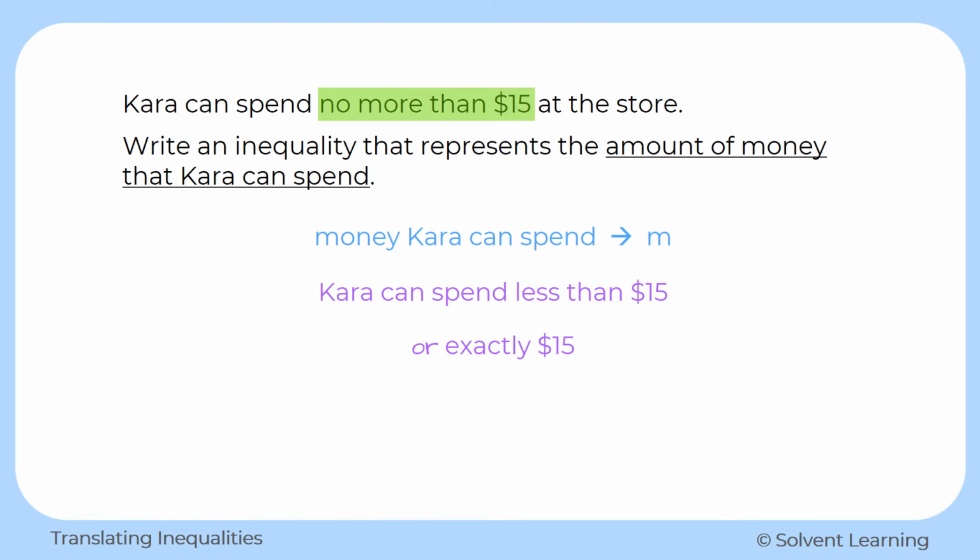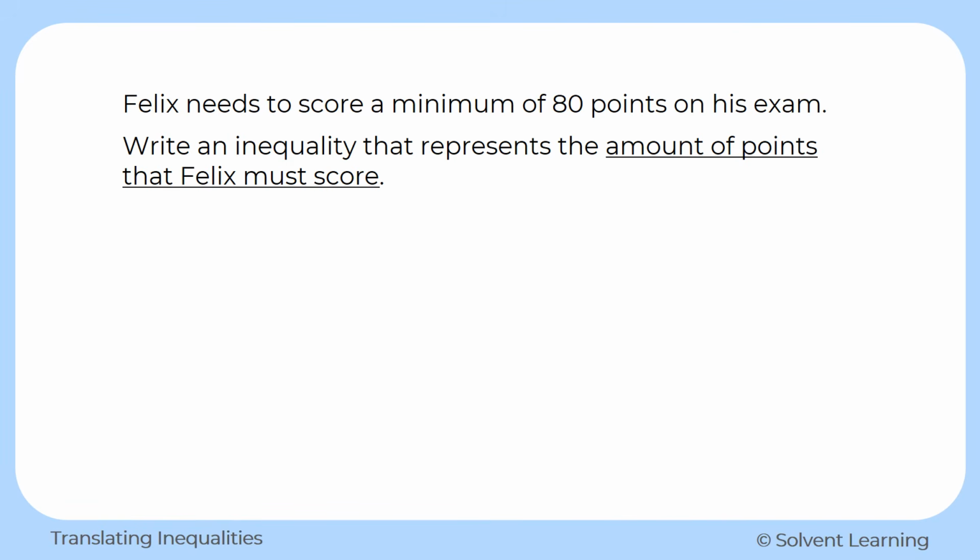So the symbol that we're going to use here is going to be the less than or equal to symbol to show that she can spend exactly $15. So when we put it together, our inequality is M, the money that Kara can spend, is less than or equal to 15. Let's look at one more example.